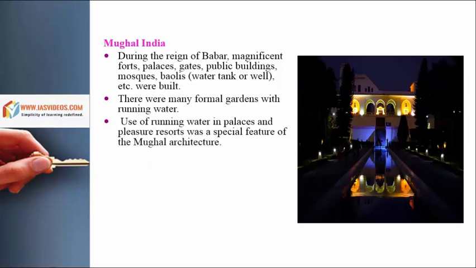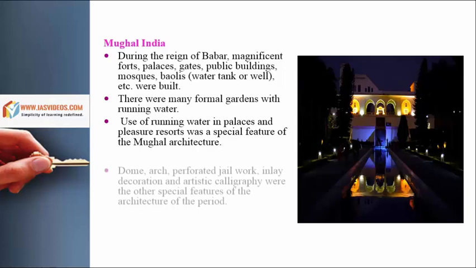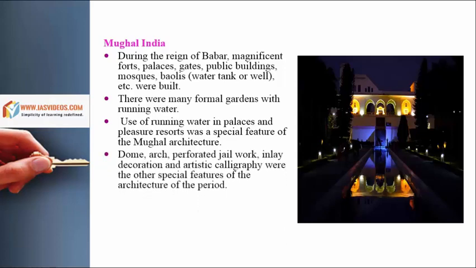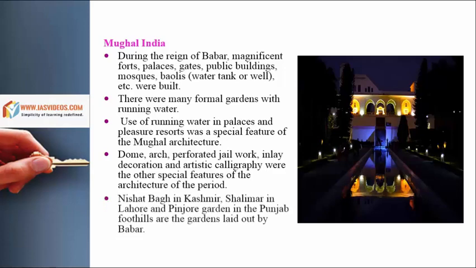Use of running water in palaces and pleasure resorts was a special feature of Mughal architecture. Dome, arch, perforated jali work, inlay decoration and artistic calligraphy were the other special features of the architecture of the period. Nishat Bagh in Kashmir, Shalimar in Lahore and Pinjore Garden in the Punjab foothills are the gardens laid out by Babur.